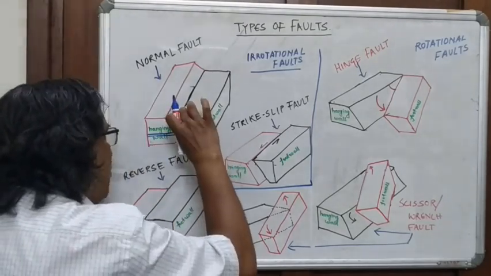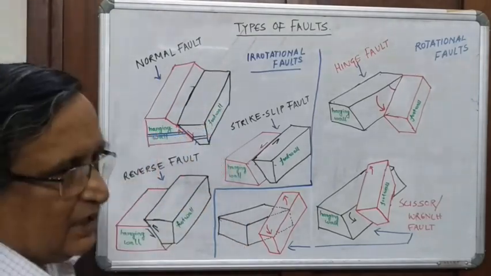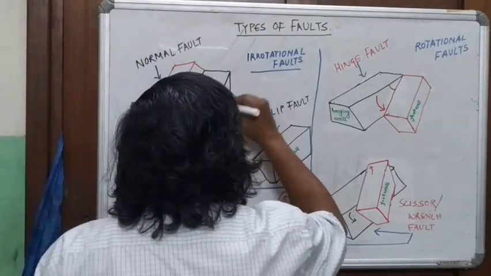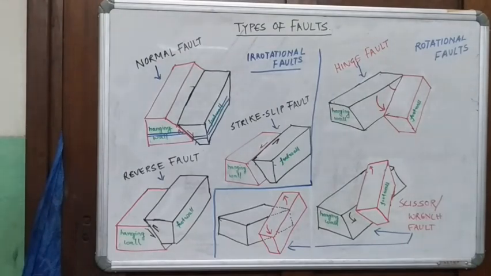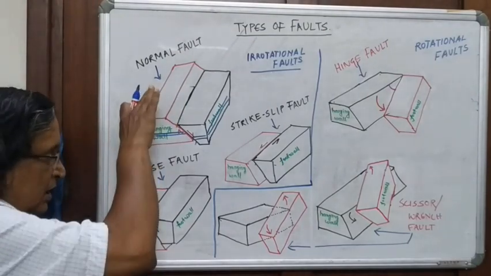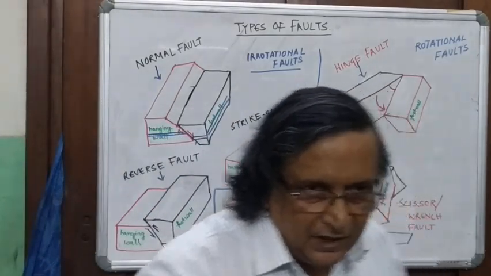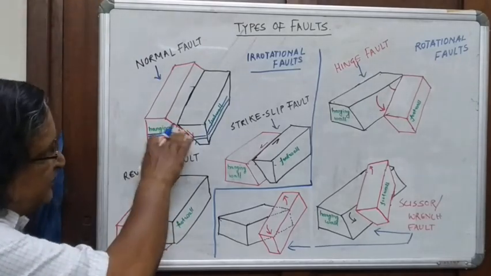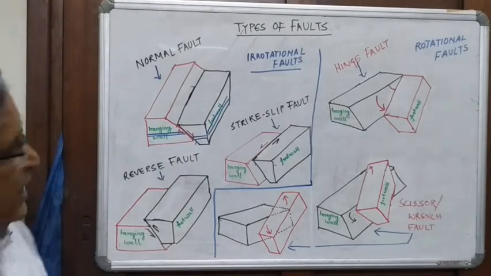So the foot wall moves downwards relative to the hanging wall, at least it appears so. Have you understood? What is important is the foot wall relative to the hanging wall: the foot wall slides downwards, so there is a displacement of the structures.